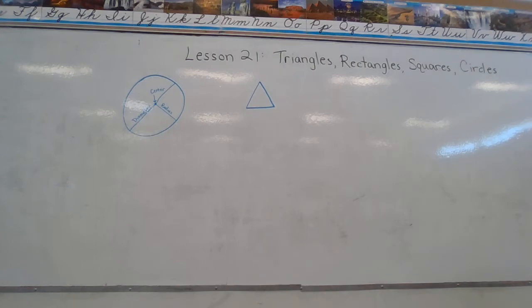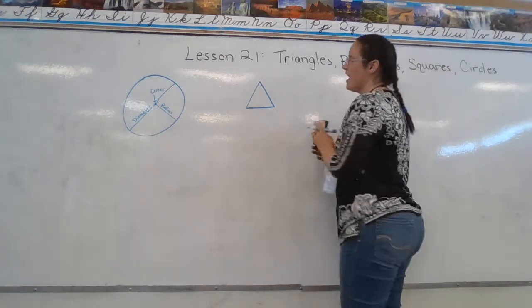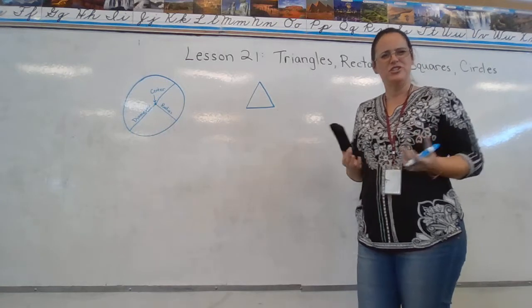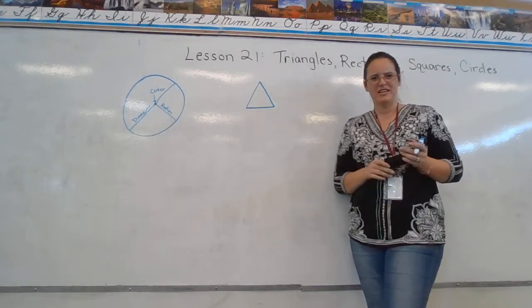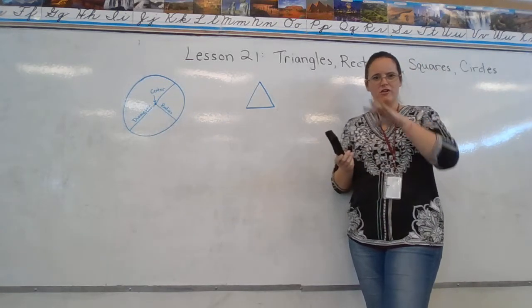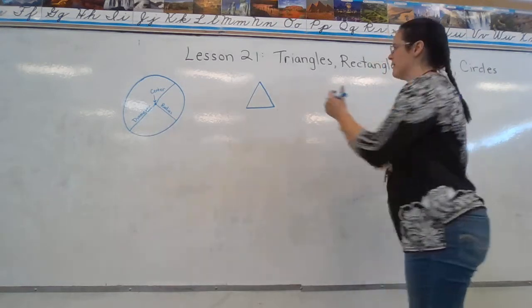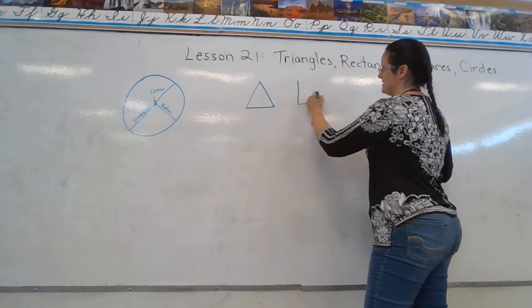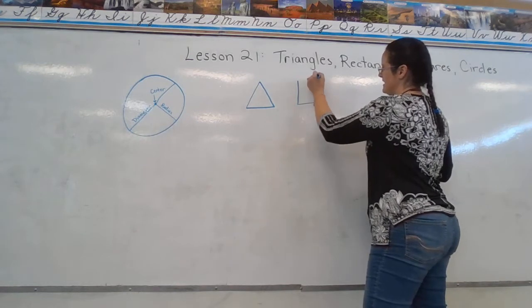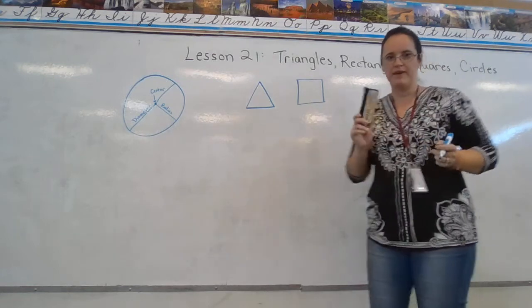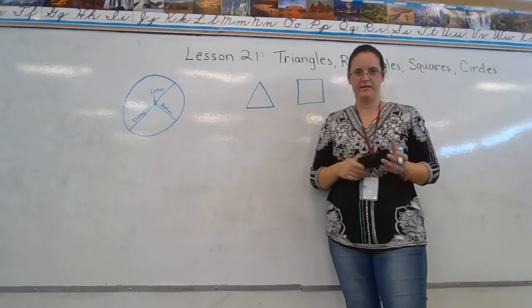The next example says, draw a rectangle where all the sides are the same. Do you know what that shape is called? If I draw a rectangle where all 4 sides are the same, we're going to have a square. So, a square is always a rectangle, but a rectangle is not always a square.